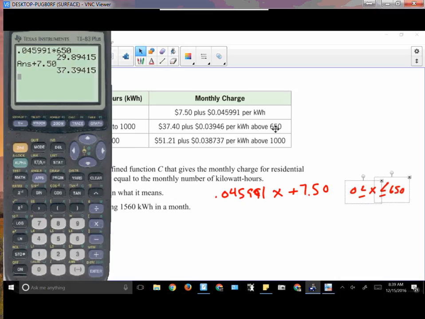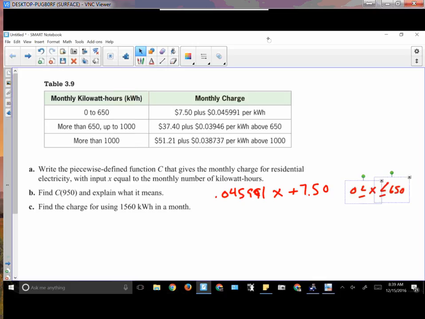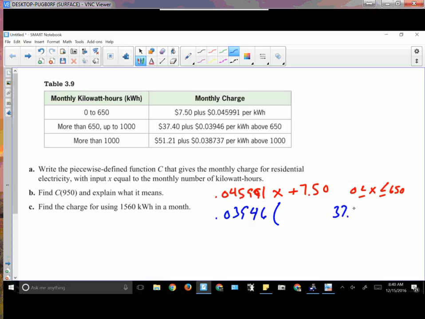Now, another thought that goes with this one is, have I paid for at least 650 watts? So if I've got 0.03946 and X is the number of kilowatts that I have, does this 37.4 include what I've paid already?